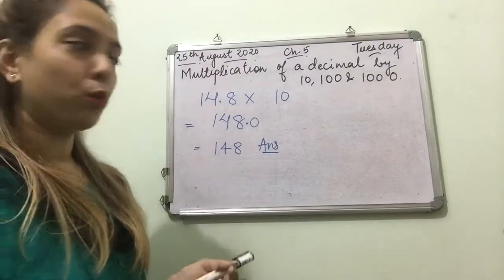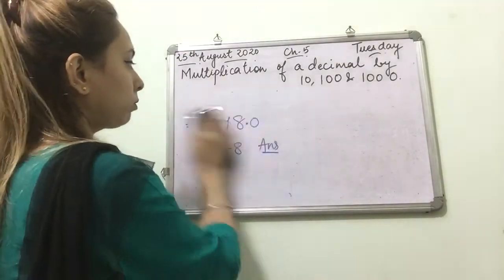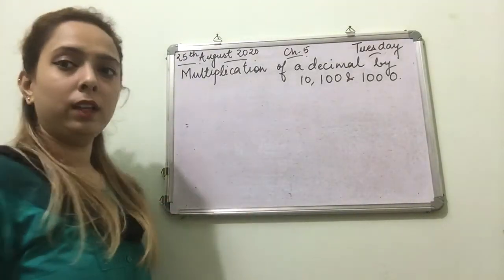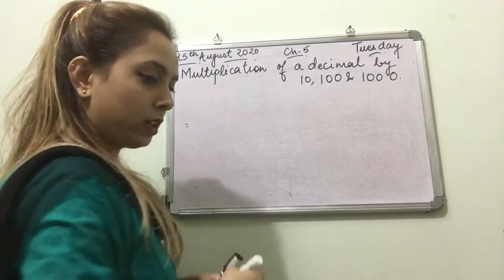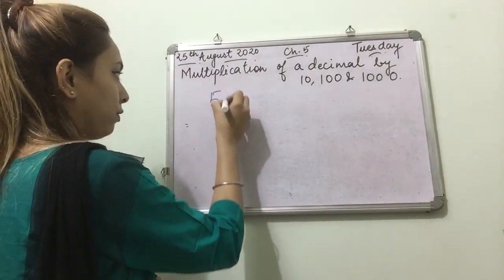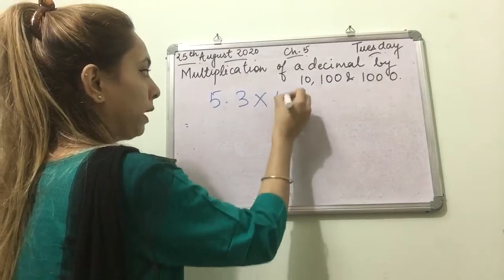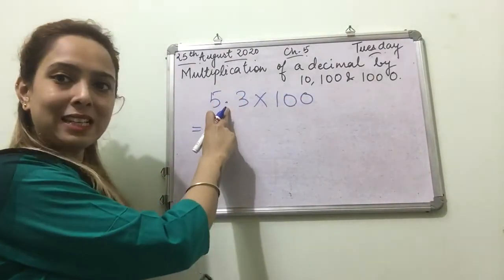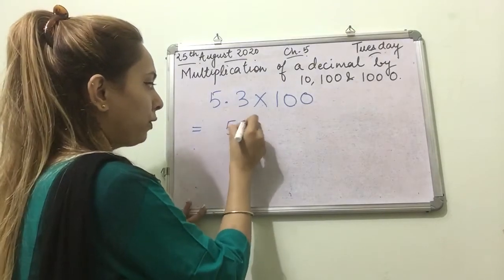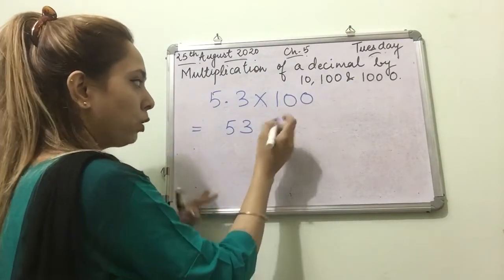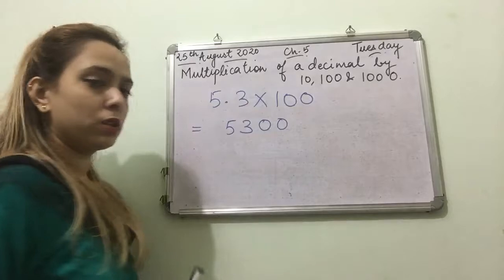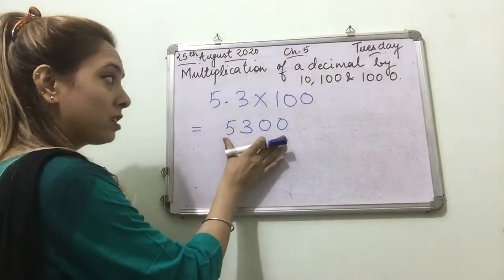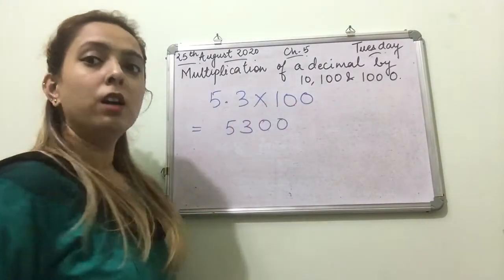Let us take one more example of multiplying by 100. Let's take 5.3 multiplied by 100. Again, forget the decimal, write down 53, and there are two zeros, so write down two zeros here. This is the final answer of multiplying 53 by 100.